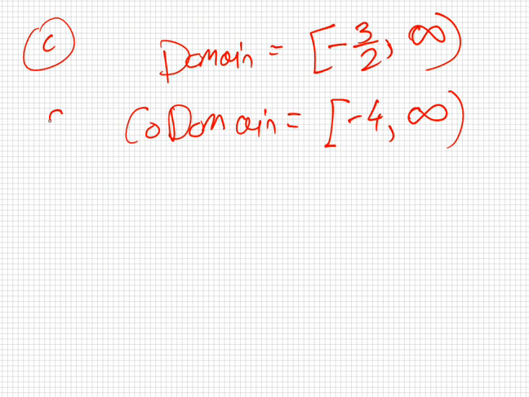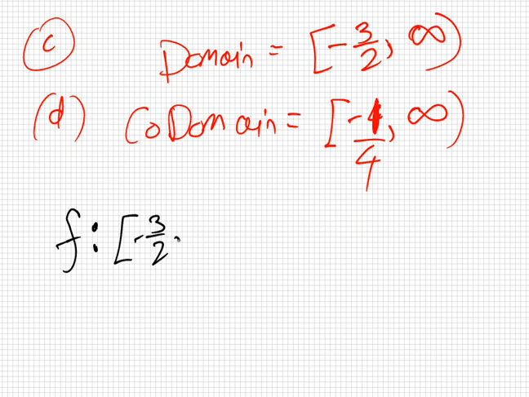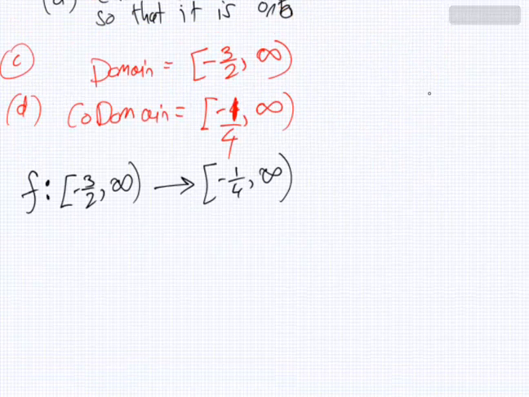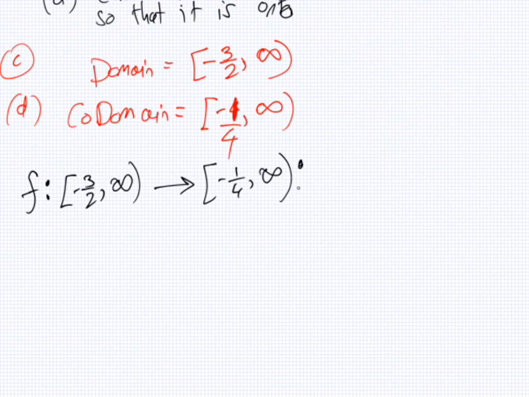But now the more serious problem is, what if it's not one-to-one? For example, if I said f is a function that goes from the real numbers to the real numbers, and f(x) is, let's make it a quadratic, something like this.